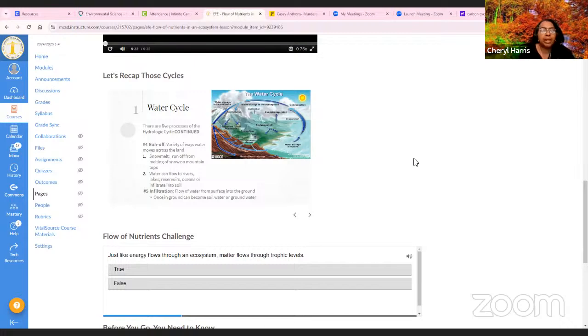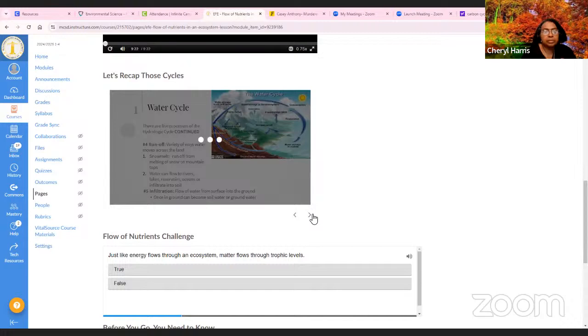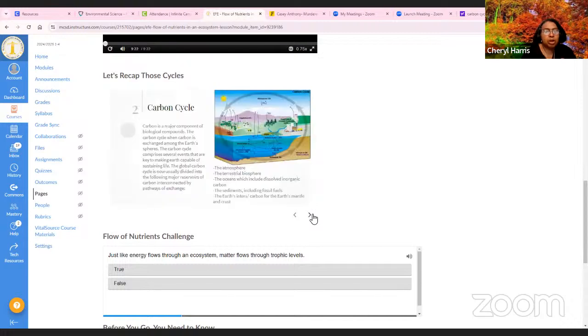If you were given a blank diagram, could you put all of these words in their proper place on a diagram? Same thing with the carbon cycle. If you were given a blank diagram, could you label all the parts of the carbon cycle?